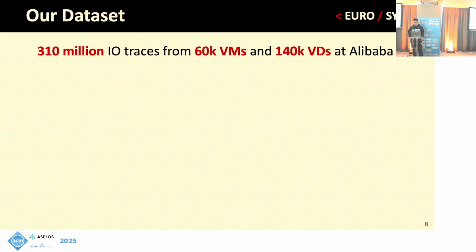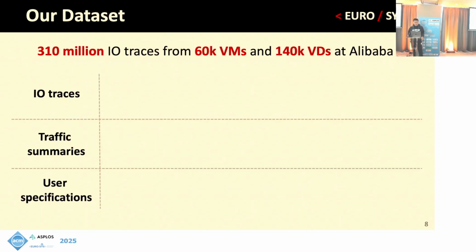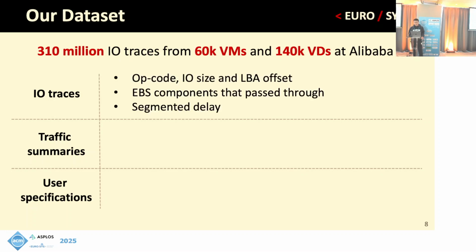Our dataset consists of 3 parts: the I/O trace, traffic summaries, and user specifications. The I/O trace is a downsampled record of the VD I/O. It includes basic I/O information like OP code, I/O size, and LBA offset. It also captures the EBS components that the I/O passed through, along with the corresponding delay.